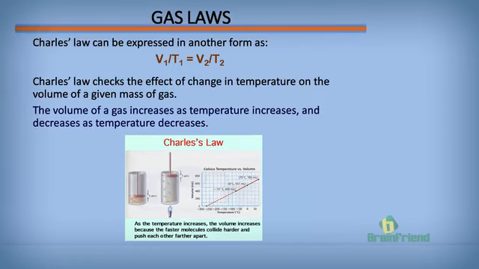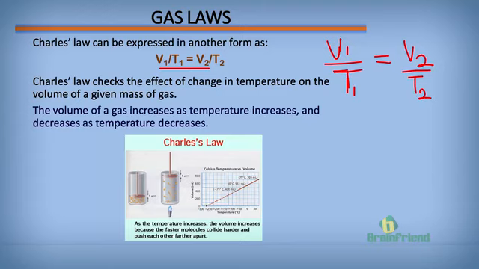Charles' law can be expressed in another form, which is V1 over T1 equal V2 over T2. When we want to do any calculation on Charles' law, this is the formula we are going to be using.